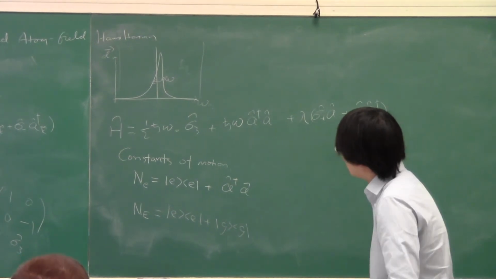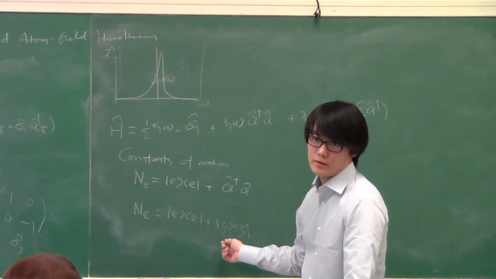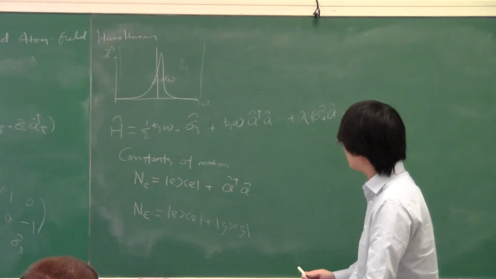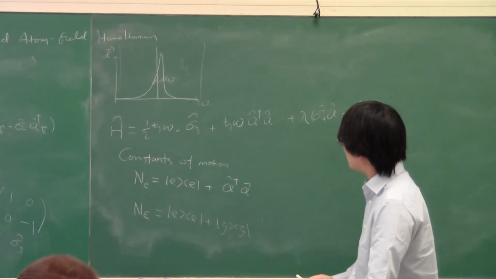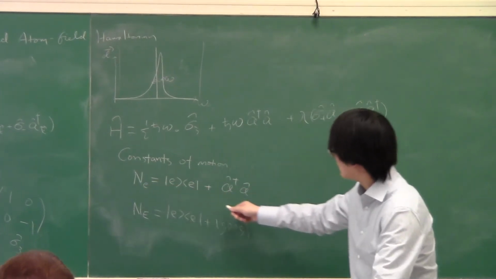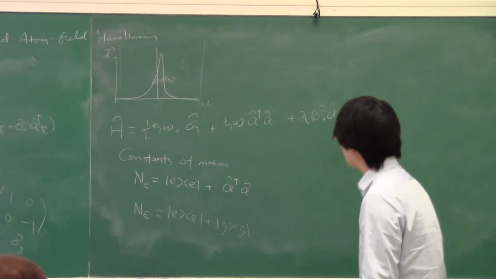Well, I know that sigma 3 is EE minus GG. And then we have this over here. So let me try to extract this constant of motion from this term by supplying it with this.